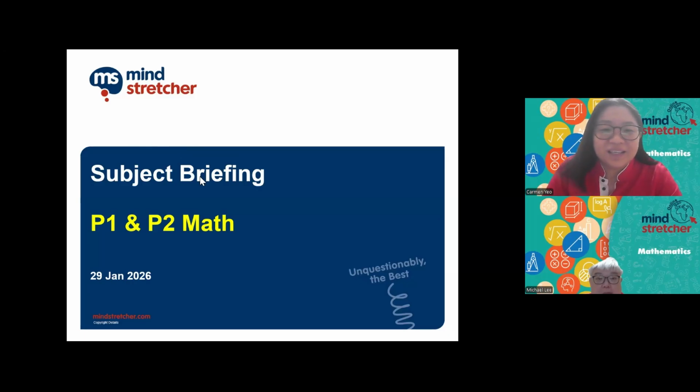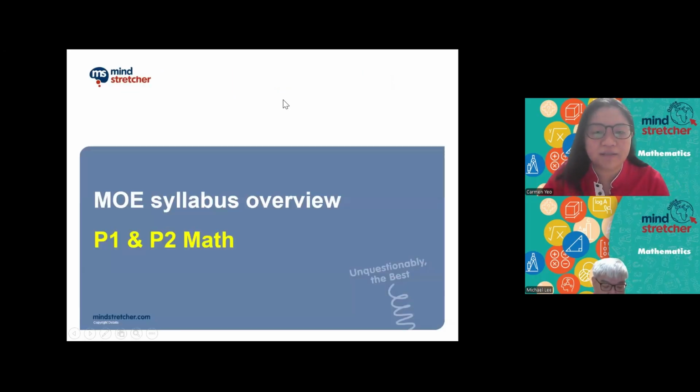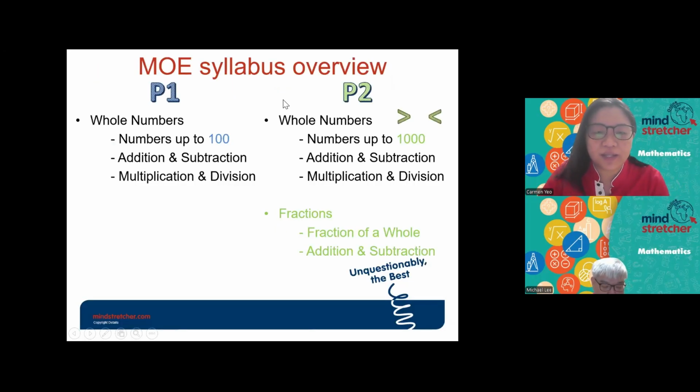So this is what we'll be doing: the MOE syllabus, our syllabus structure, and some common challenges that primary 1 and 2 students face in mathematics, then tips and advice. Okay, let's look at the MOE syllabus.